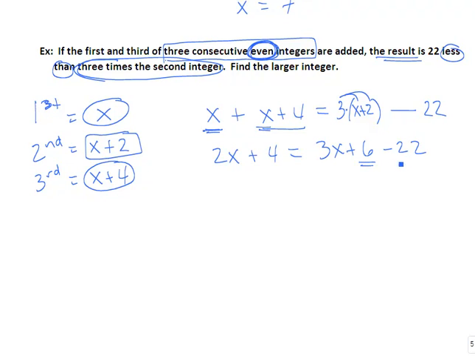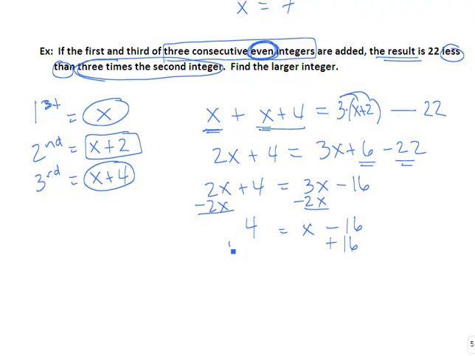Couple of like terms on the right side this time. So 2x plus 4 equals 3x plus 6 minus 22 is negative 16. I'm going to subtract the 2x over to the right side so that I get a positive 1x. That minus 16 is still there and the 4 is still there. And now I'm going to add 16 to the left side so I get 20 equals x.